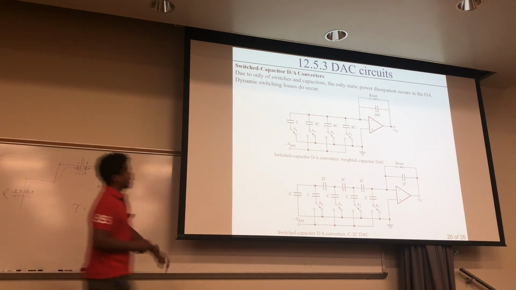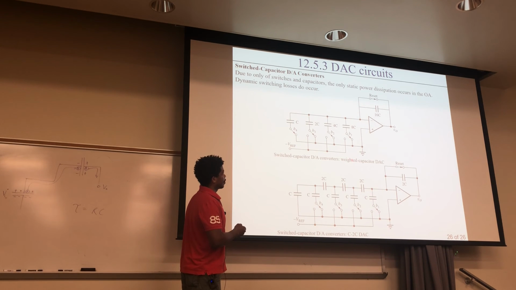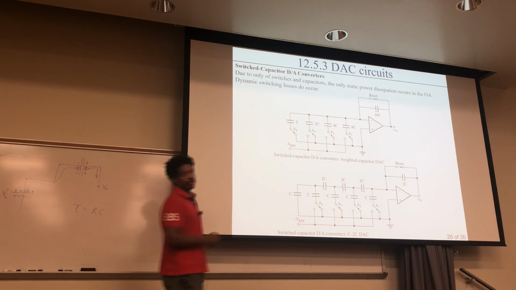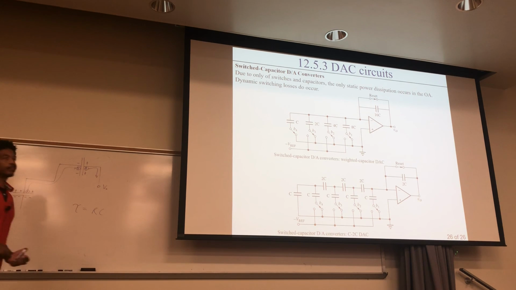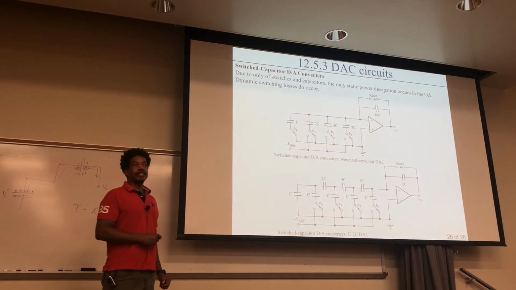In both these cases, this one is very similar to the weighted capacitor DAC, like if these were resistors, and this one is like the C-2C DAC, like the ladder one. So they're very similar, except you're using capacitors instead of resistors. Any questions about these things?